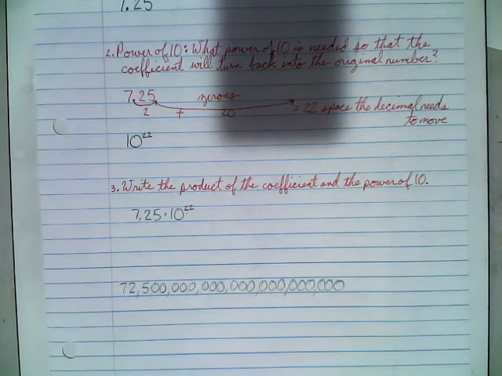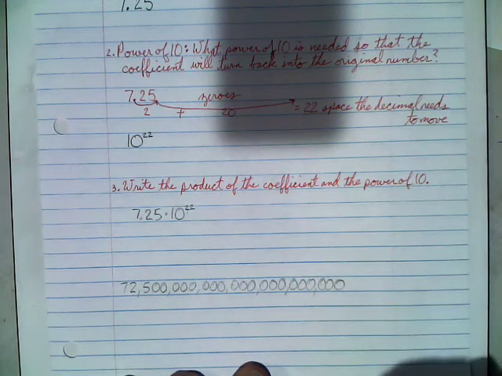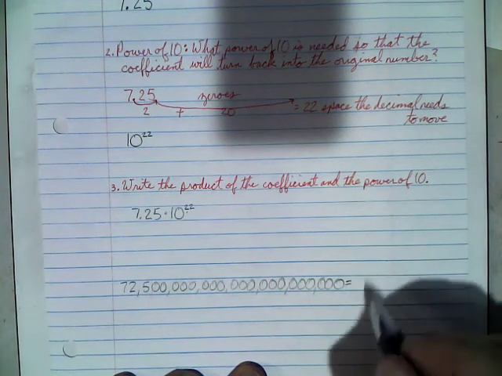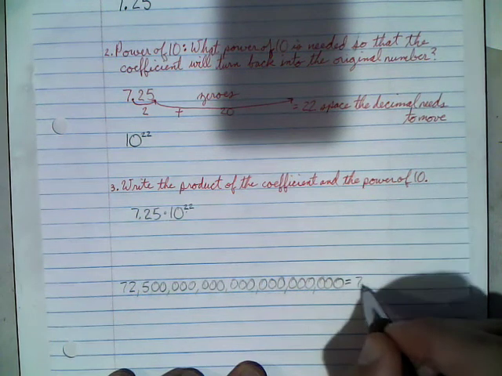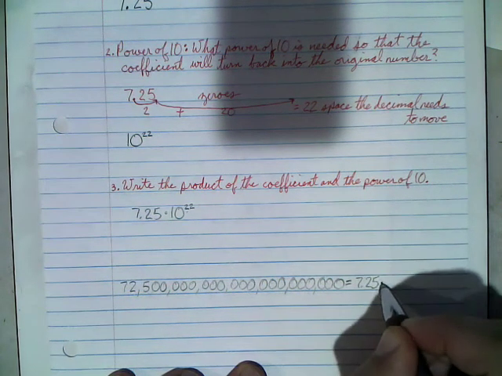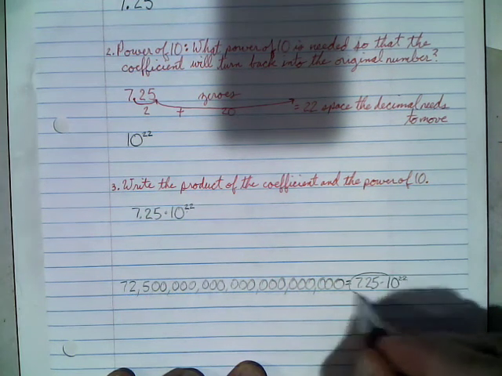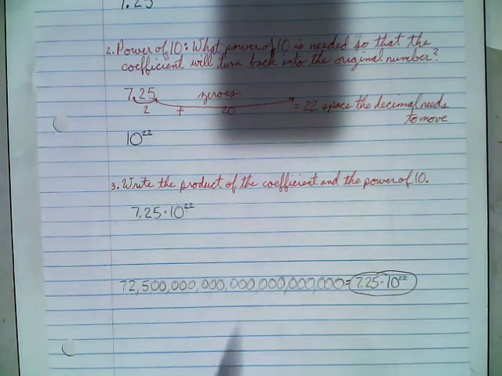So on the homework, this would be considered a yellow light problem. So I'm going to copy down my original number, equals, and then coefficient times power of 10. And that's what we would do on the homework.